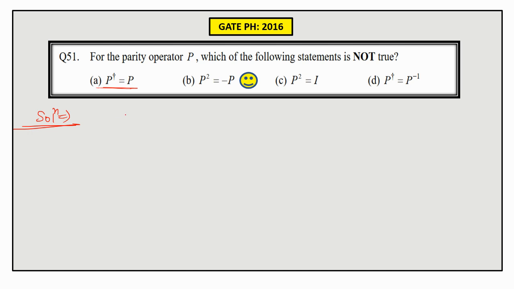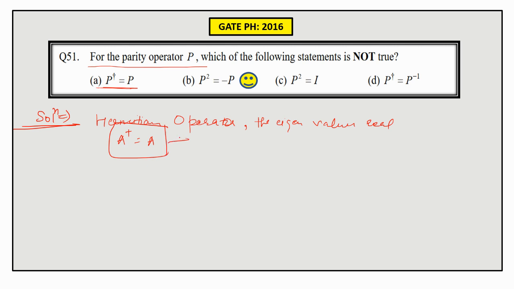So these are operators. All these operators are Hermitian operators. A Hermitian operator has the property that its eigenvalues are real, and A dagger equals A. We know that all the operators we deal with in quantum mechanics are Hermitian operators, so this thing is correct.